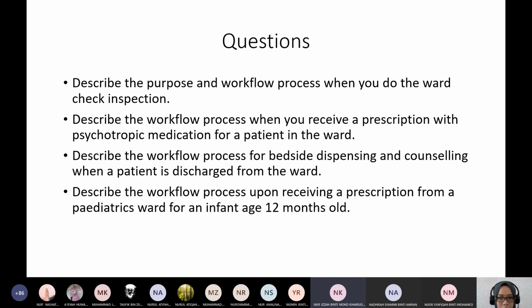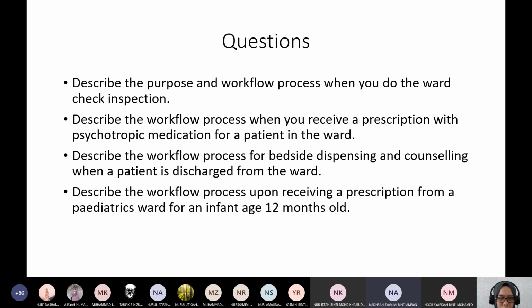Yes. So how do you check the weight? BSA. What is BSA? Body surface area.